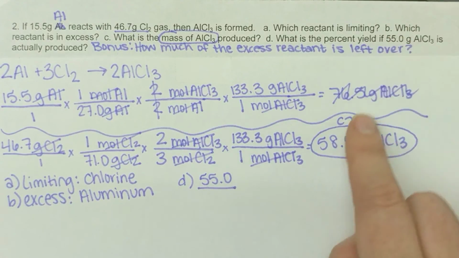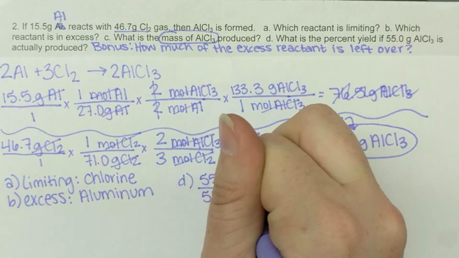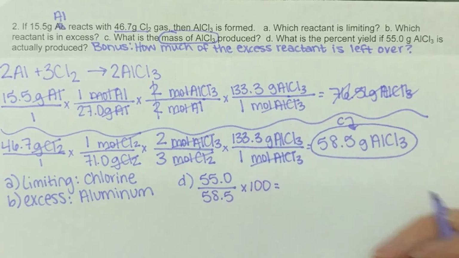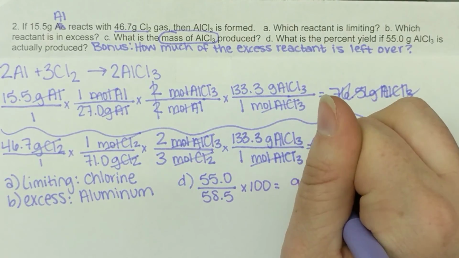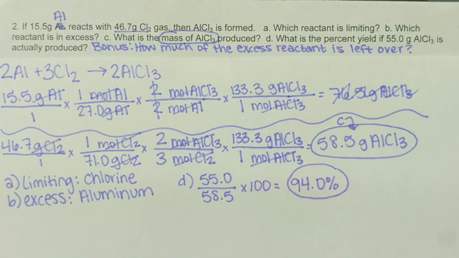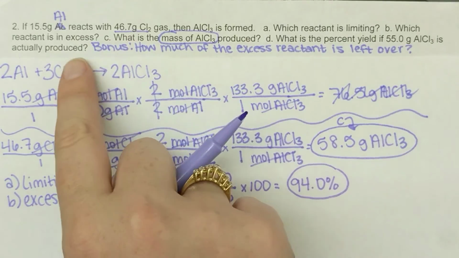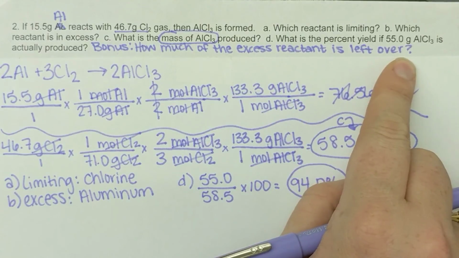So actual divided by theoretical times 100 gives me my percent yield. What percentage was I actually able to recover in a lab setting? So 94%.